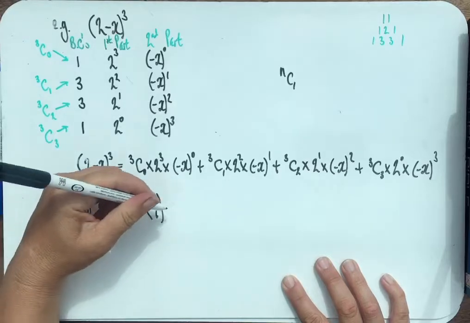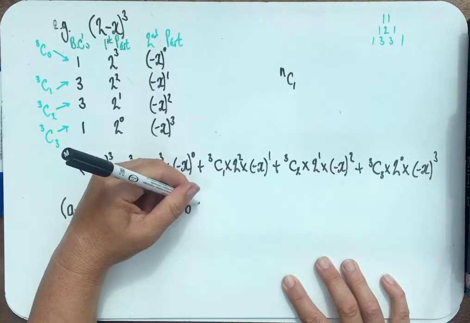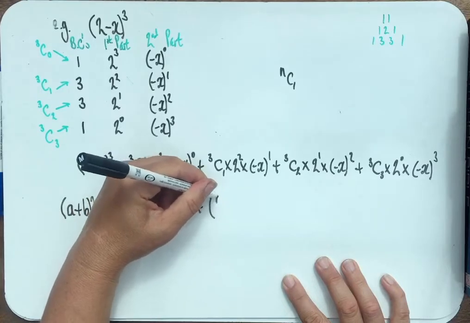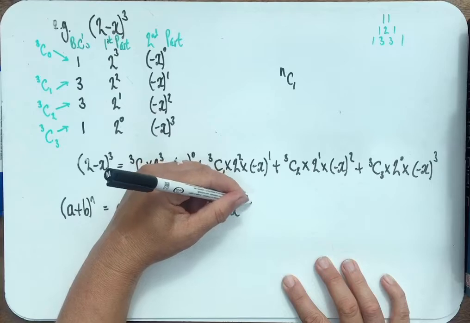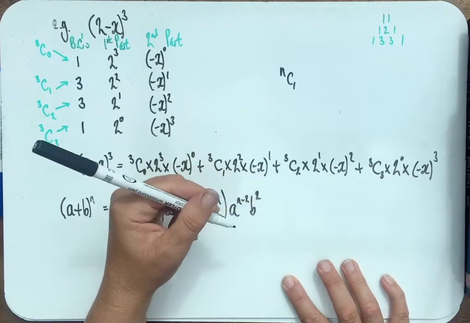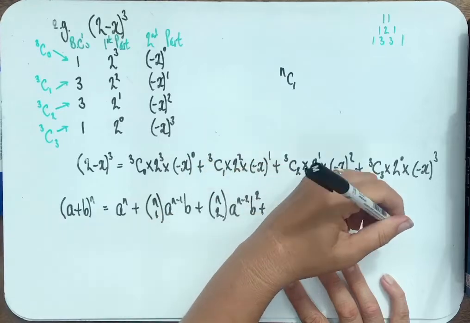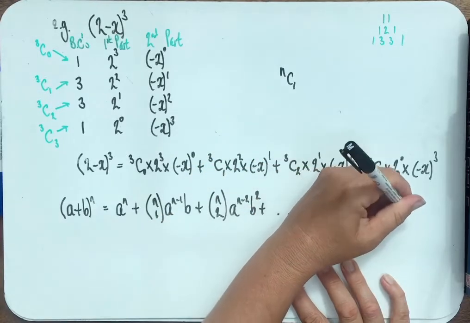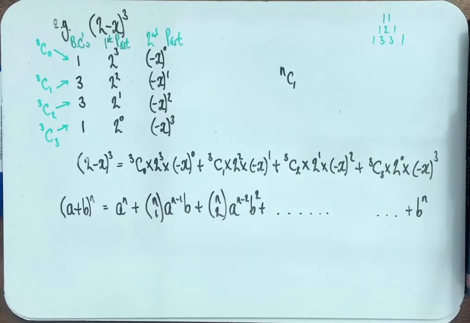And then the power of a comes down by 1, power of b up by 1. Like so. And then you get a general form plus b to the power n.